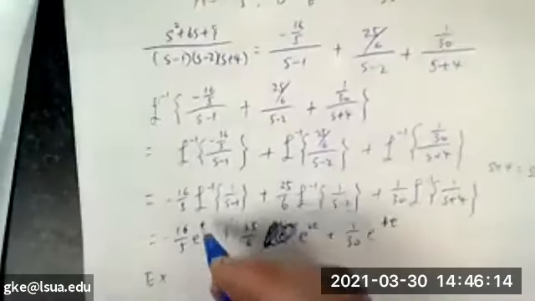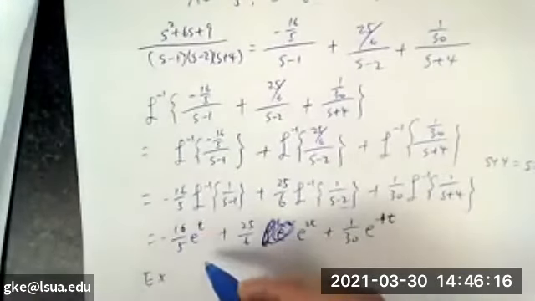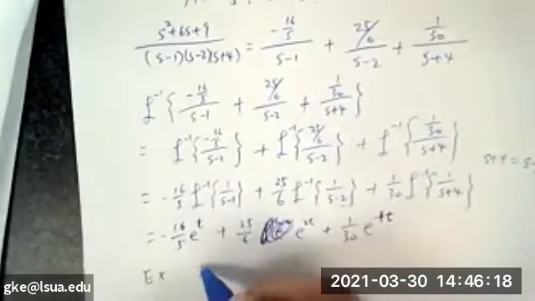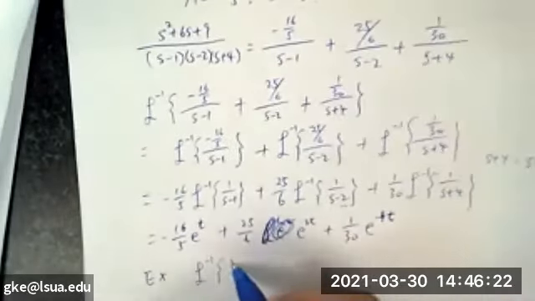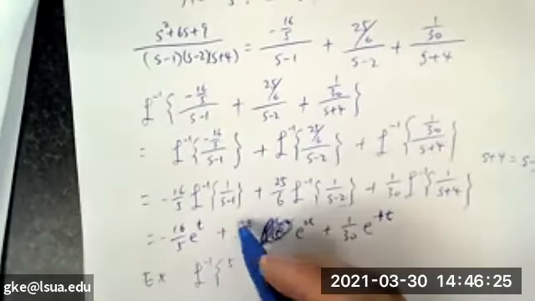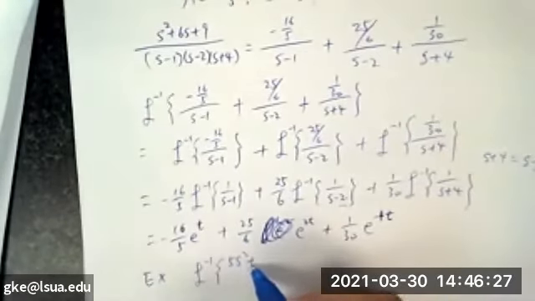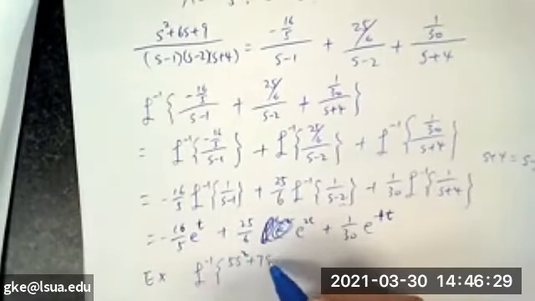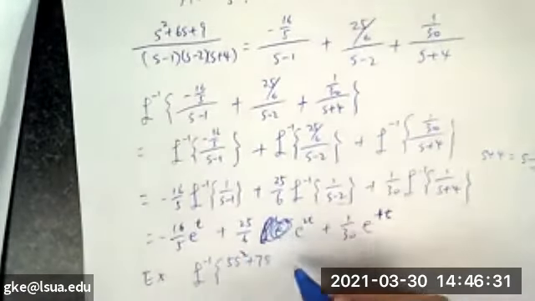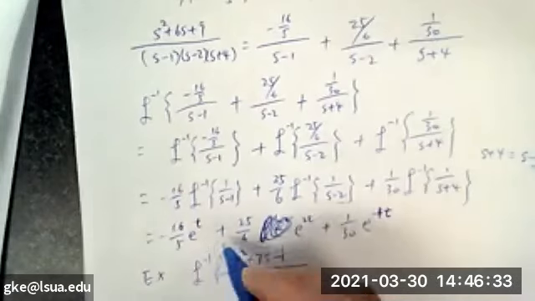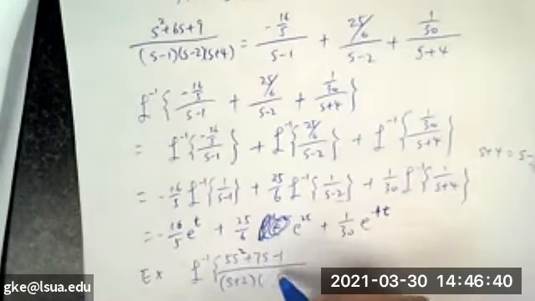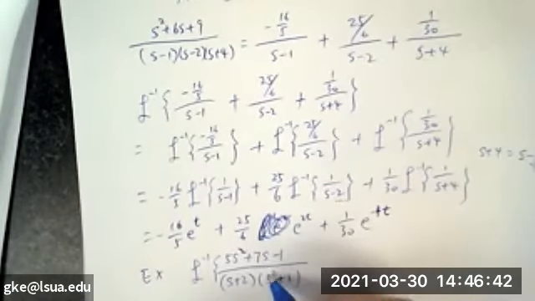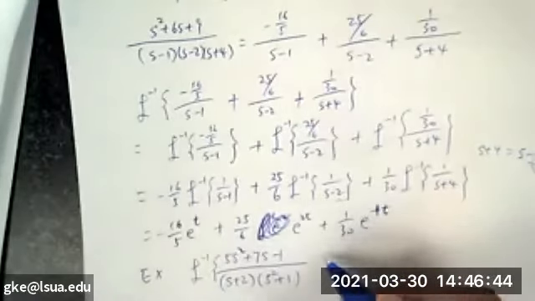This example is about inverse Laplace of (5s squared plus 7s minus 1) over (s plus 2)(s squared plus 1). Okay, here's a plus 1.